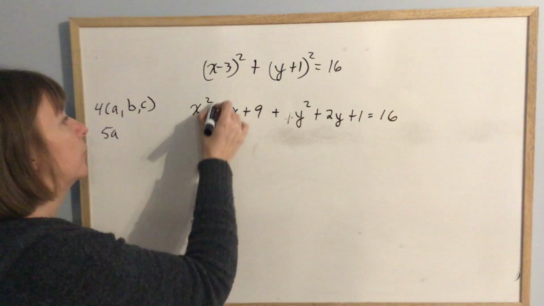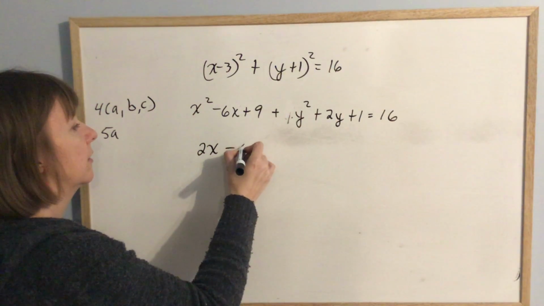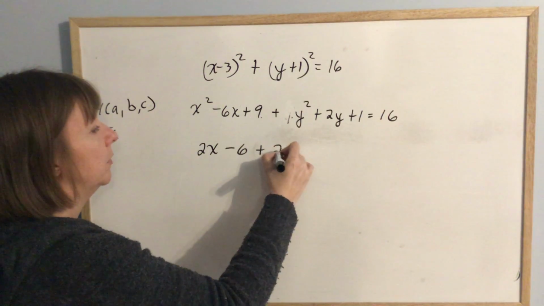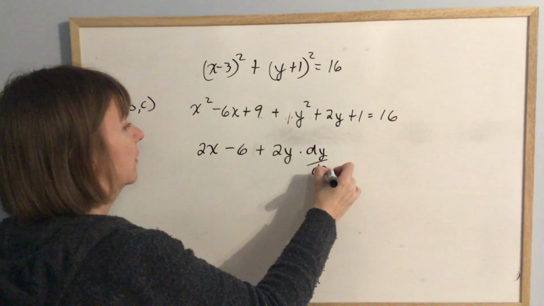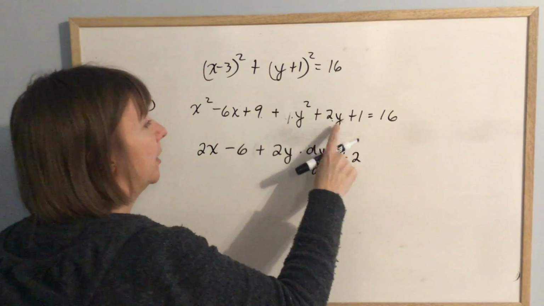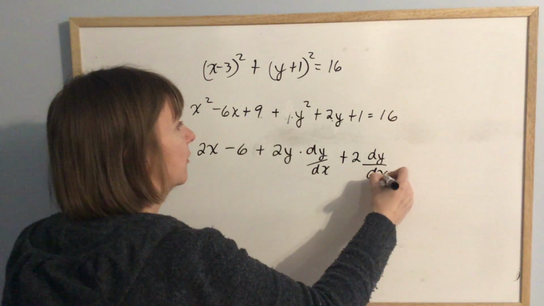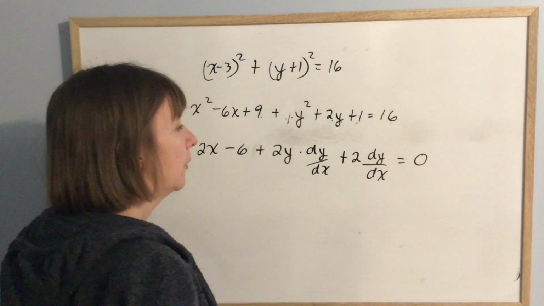So now if I do the derivative, this would be 2x minus 6, and that would be 0, plus this would be 2y times dy over dx, plus this would be just 2, but again I was doing the derivative of y, so I have to say dy over dx. That would be 0, and that would be 0.